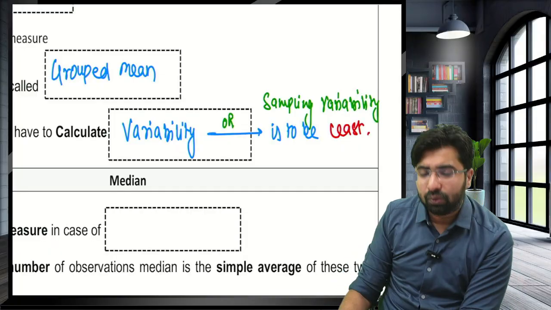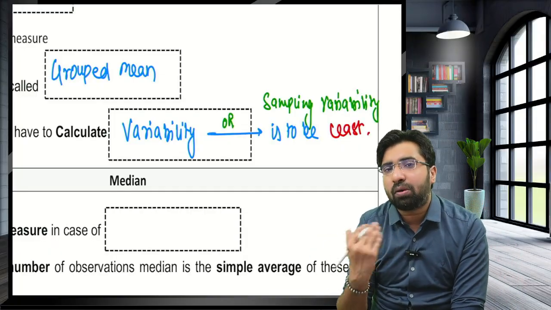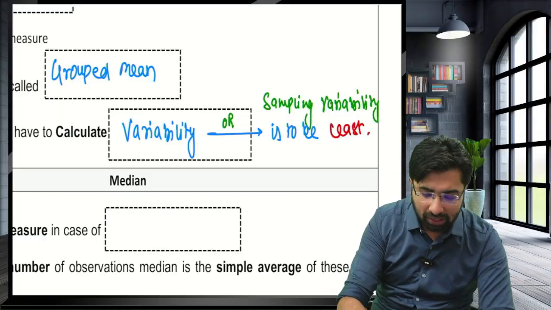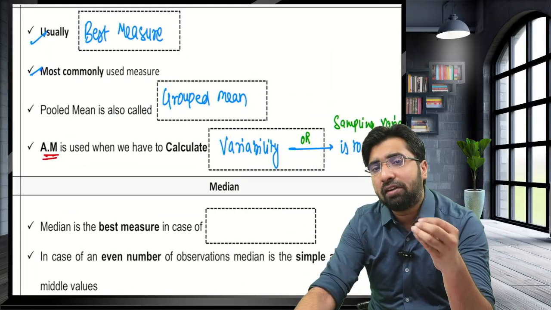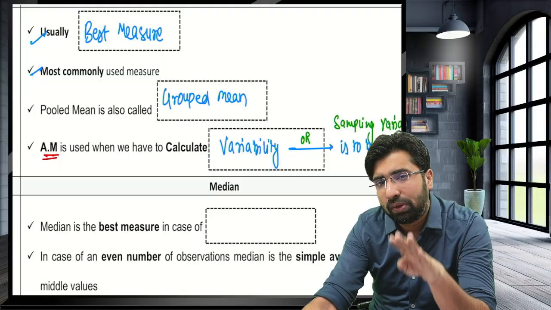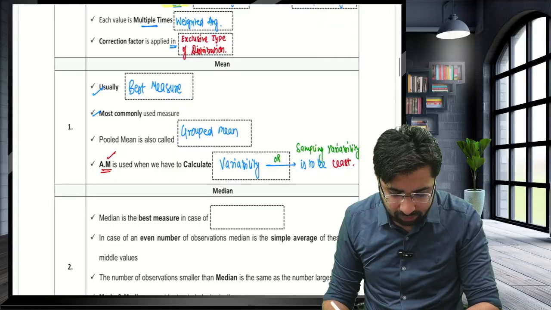Write down something you have to remember. I'm not saying sampling fluctuation, I'm using the words sampling variability. If I want sampling variability to be least, should I prefer mean or median? I should prefer mean. So arithmetic mean is used to calculate variability, and when I want the sampling variability to be least, I will prefer the arithmetic mean as a method.